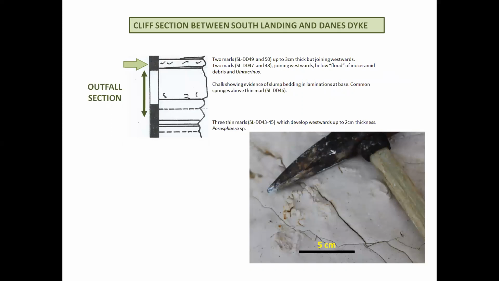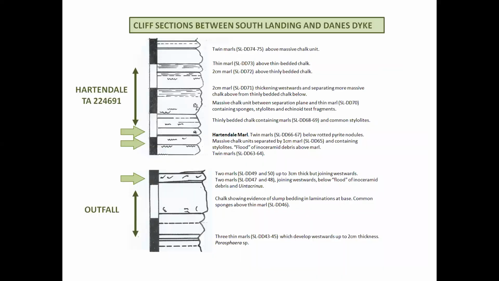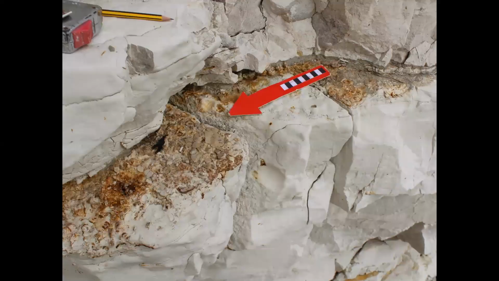A short distance to the west, and just over 1 kilometre from South Landing, is Hartendale Gutter, an unmistakable landmark. The chalk cliff adjacent to the fall shows a section in which there is a pair of 2 to 3 centimetre marls, the Hartendale marl, and two more examples of floods of shell fragments, including Uintercrinus plates and inoceramid bivalves.